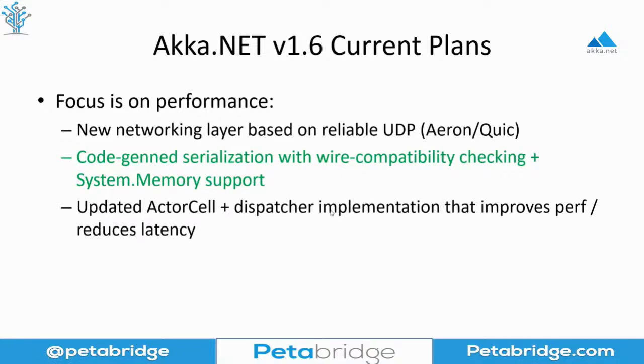Next, we're taking a look at updating the actor cell and the dispatching implementation, namely rewriting the way the mailbox works in Akka.NET 1.6 to natively take advantage of the task scheduler. Every single mailbox invocation would return a ValueTask that gets awaited.